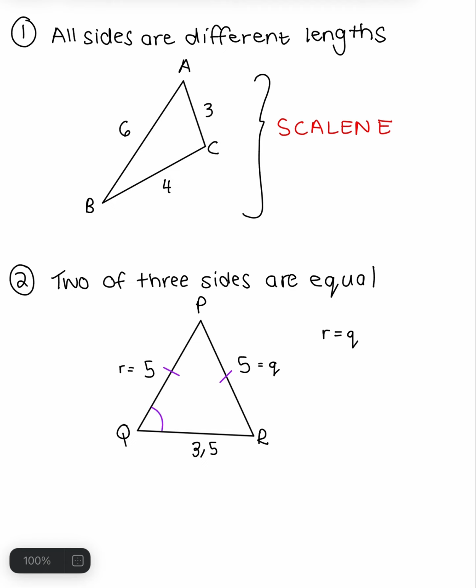So angle Q is also equal to angle R. This triangle is called an isosceles triangle. An isosceles triangle has two of the three sides equal to each other, as well as the corresponding angles equal to each other. That's our second classification.